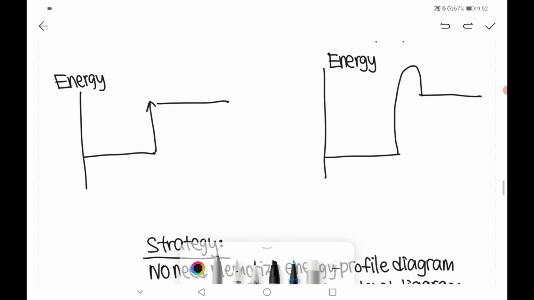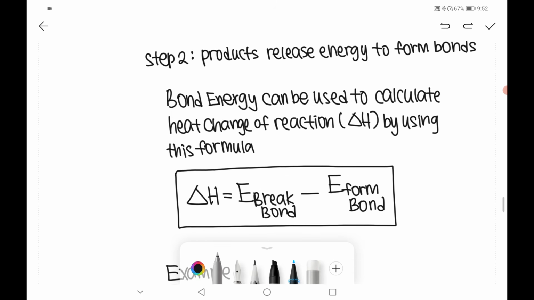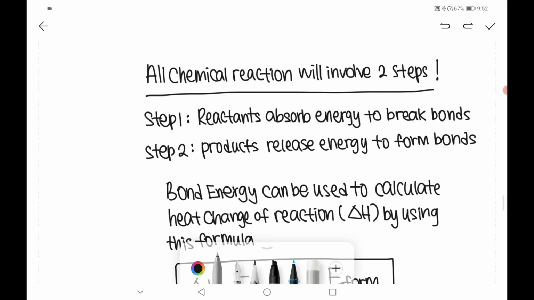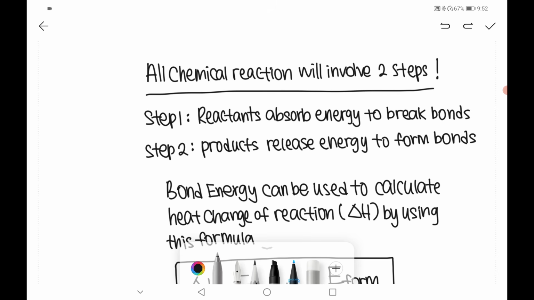So the next thing that we need to know is this. All chemical reactions always involve two steps. In chemistry, all chemical reactions always involve two steps. So step number one, the reactants need to absorb energy to break the bond.